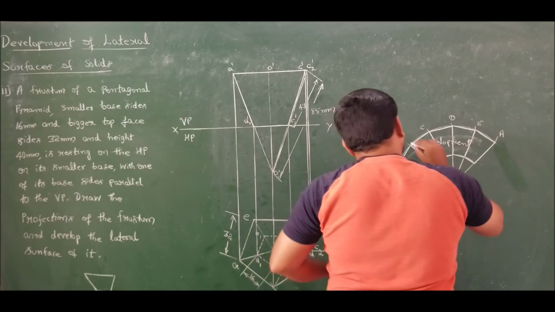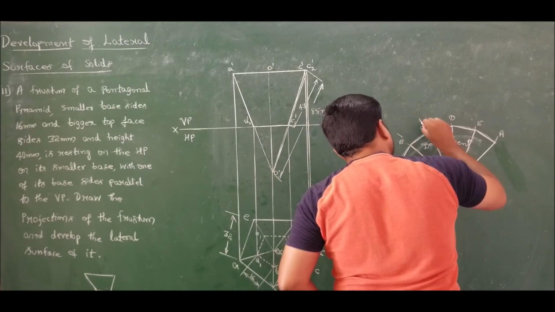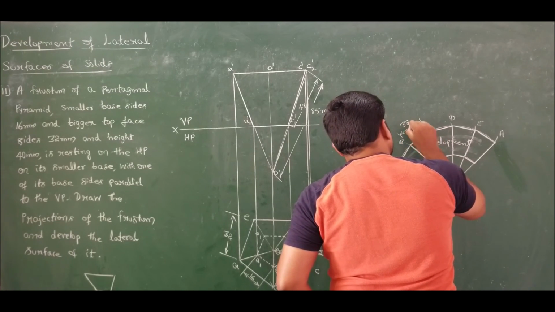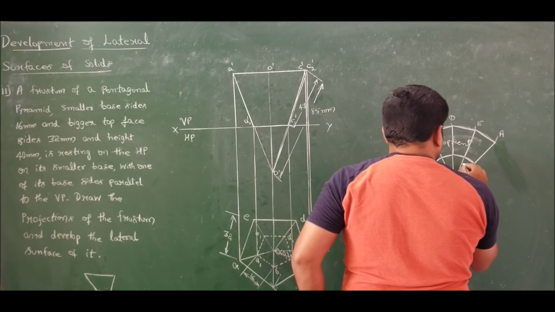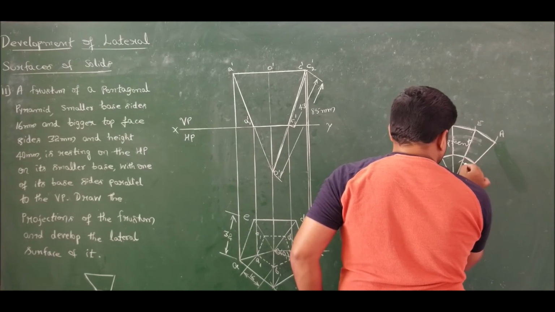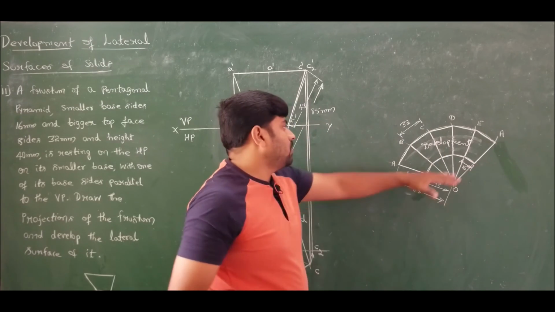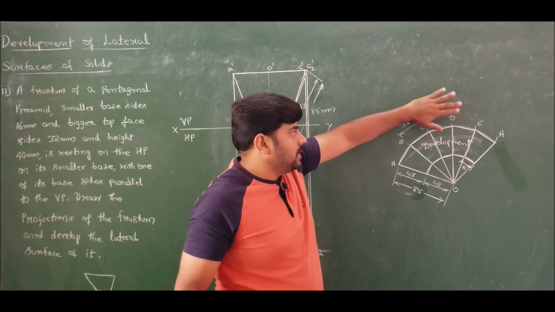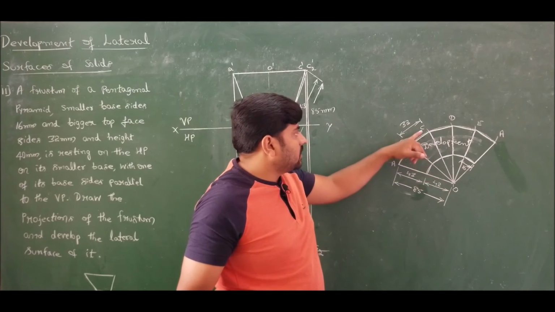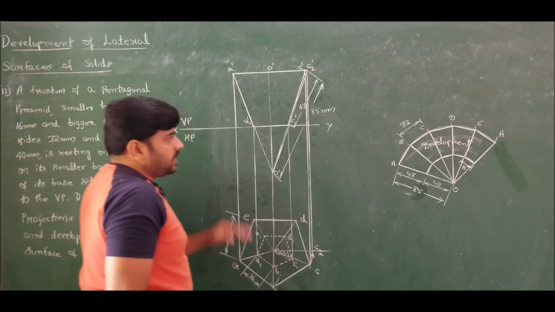Now if I measure at the top between B to C or B to D, it is 32 and at the bottom it is 16. So this bottom portion is removed and top portion will be retained. So this is the required development. Perfectly we are getting the solution.